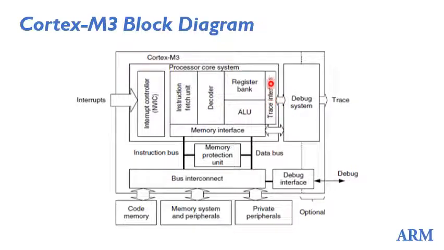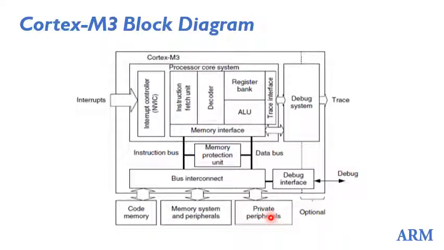And there is this debug and trace system also, an onboard debug system for this Cortex M3. This debug is for hardware debug. This debug system has various debug features, like breakpoints and watchpoints. Then you have memory.